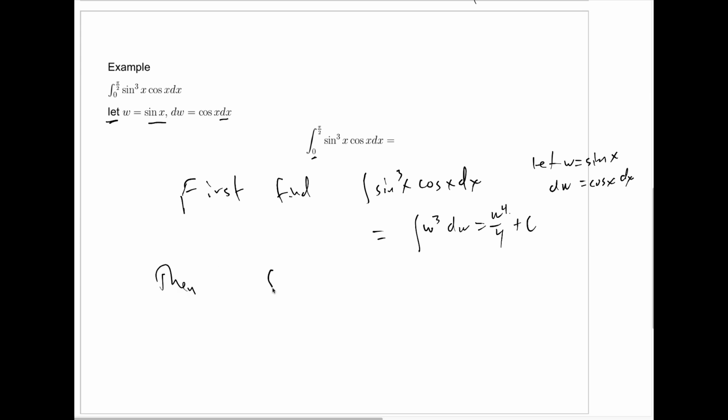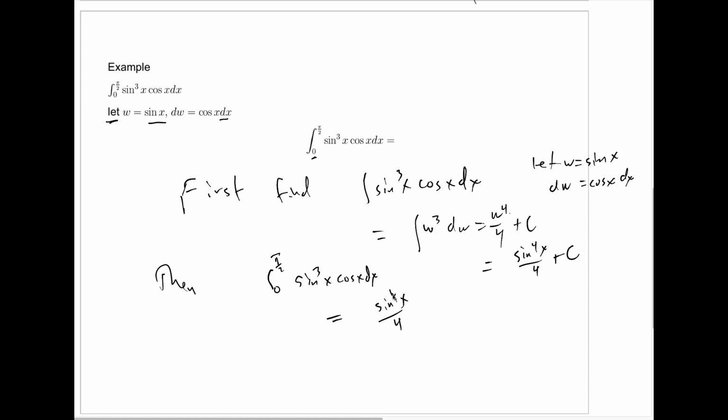Then let's finish this. We put w back, convert it back into x. This is sine to the fourth x over 4 plus c. We've evaluated the indefinite integral. Then we can evaluate the definite integral just by taking an antiderivative, which we now know, sine to the fourth x over 4.